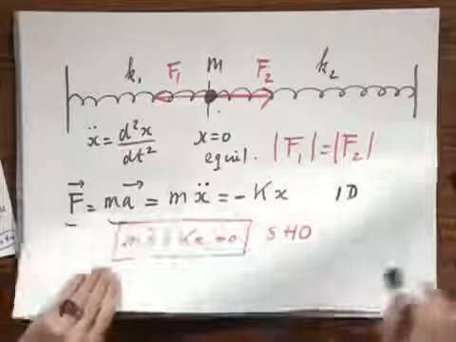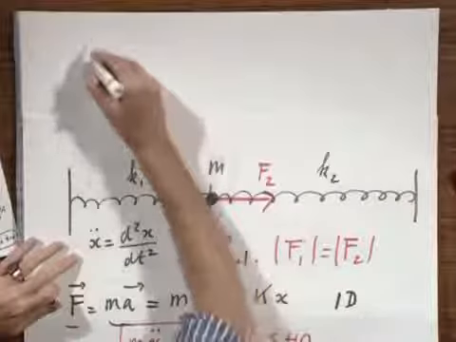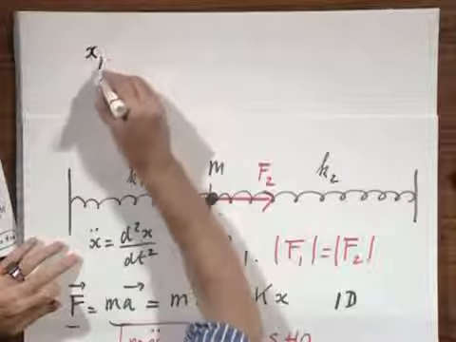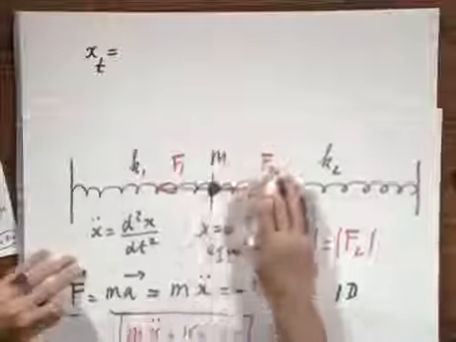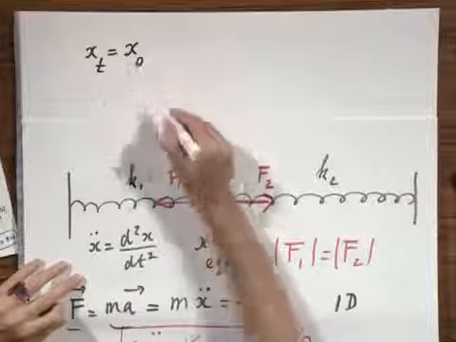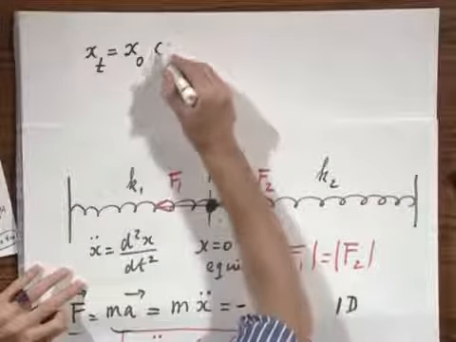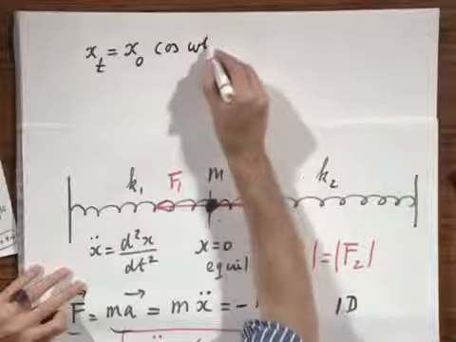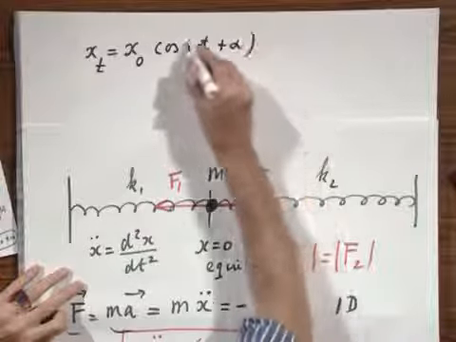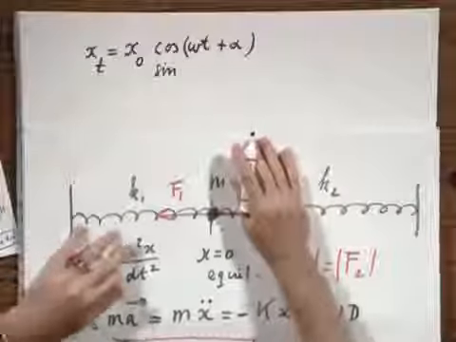The solution to this equation I will give you for now, that x as a function of any moment in time, x is the position of this object m, equals some amplitude x0, which is the maximum displacement from equilibrium, times the cosine of omega t plus alpha, or it could be the sine of omega t plus alpha.